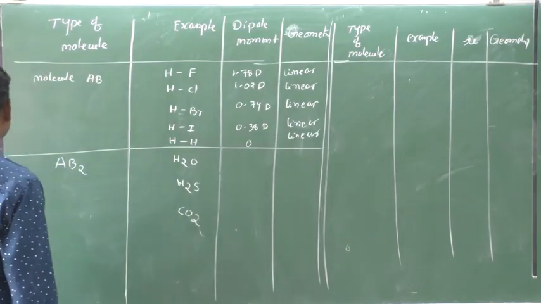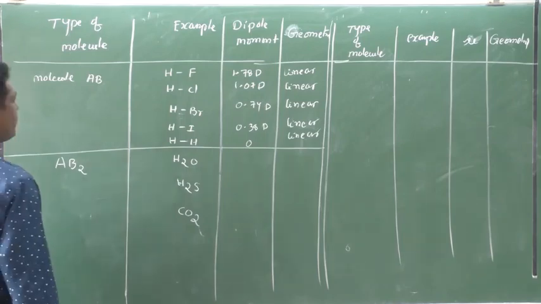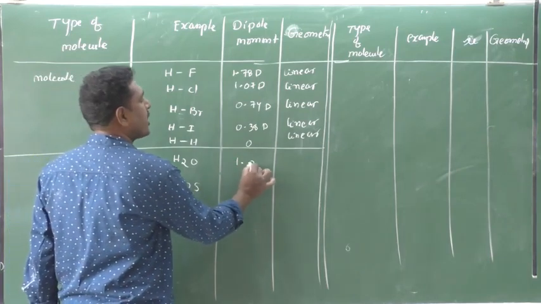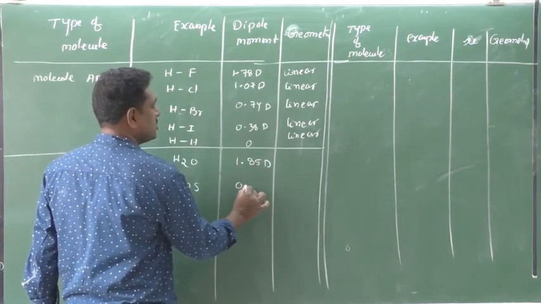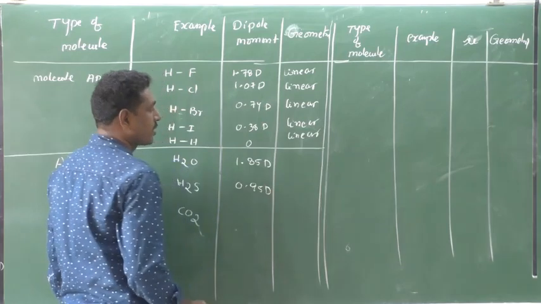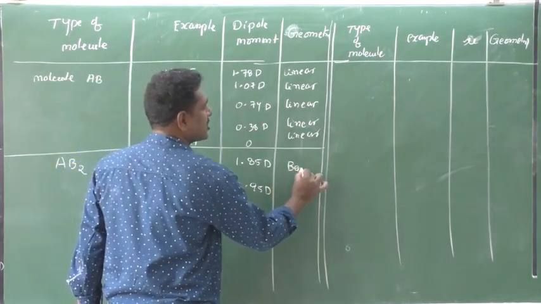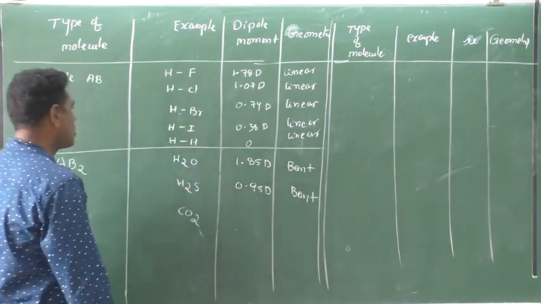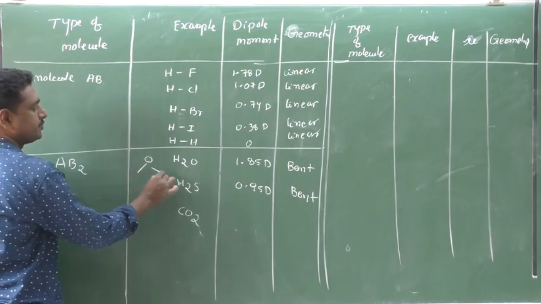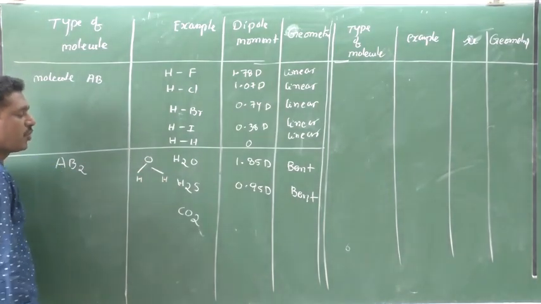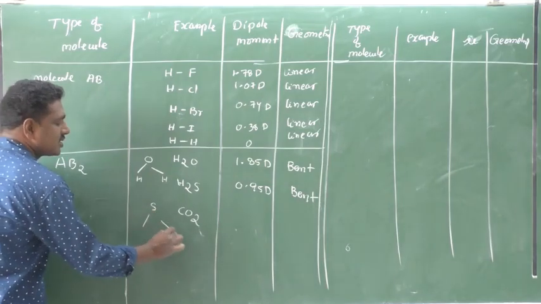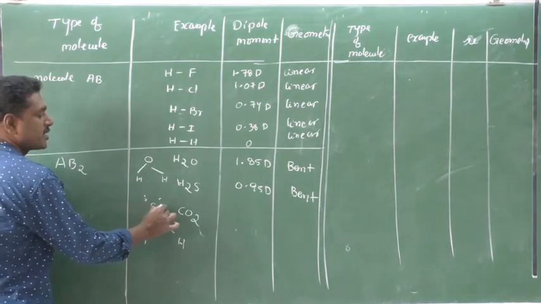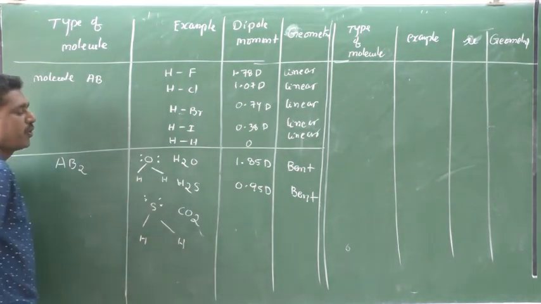H2O and H2S have a bent shape, with dipole moments of 1.85 and 0.95. I will draw the structure here. This is the structure of H2O and this is the structure of H2S, each with 2 lone pairs.